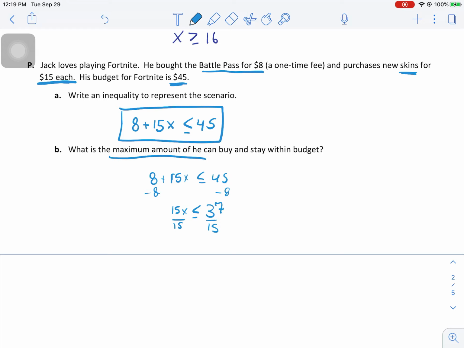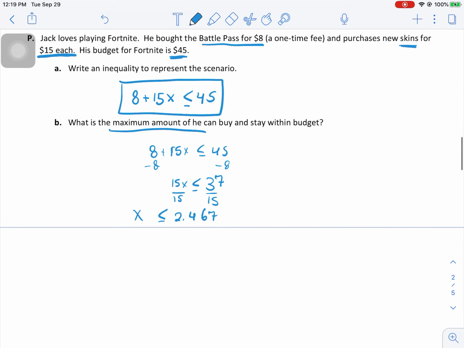So 37 divided by 15 gives you 2.467. Okay, and then x is going to be less than or equal to that, right? So we can at most buy 2 skins. So 2 skins is the maximum amount that Jack can buy.